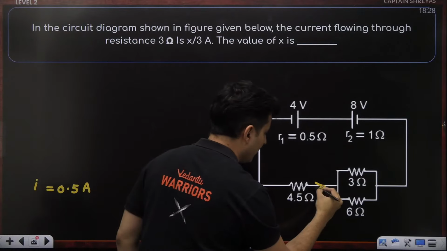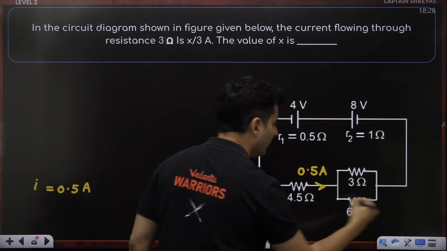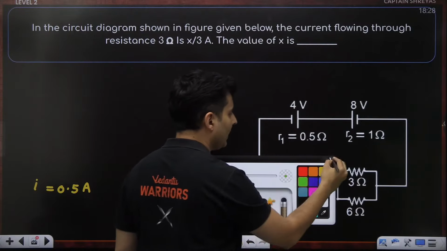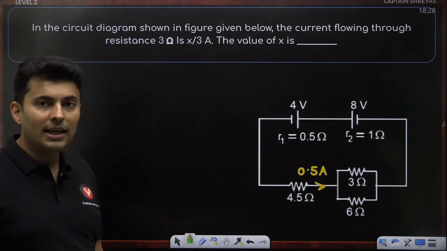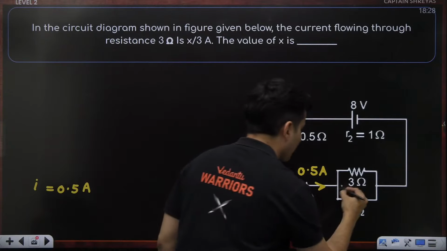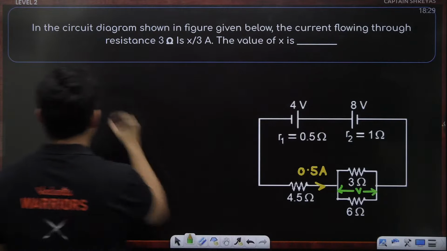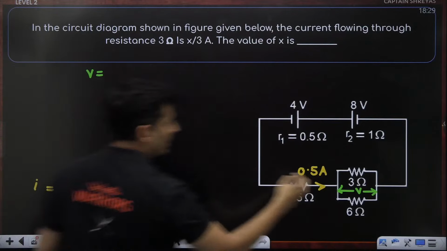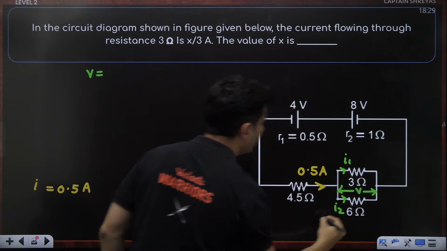I know this current of 0.5 amperes will definitely get divided over here. How will it get divided? How do I know how much it will get divided? I know one thing: the voltage across both of them is the same. So if I write it over here, this is I1, this is let's say I2.